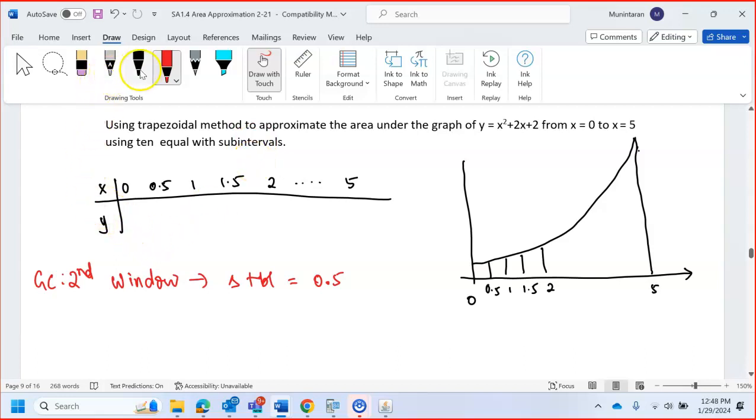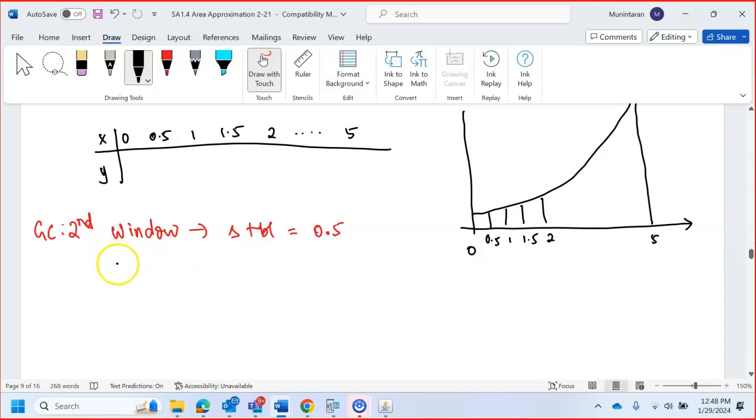And going back to the formula, it is A_T10. Did you get A_T10 correct? A_T10, because we have 10 trapeziums. Still 5 minus 0 divided by 2 times the number of subintervals, which is 10.